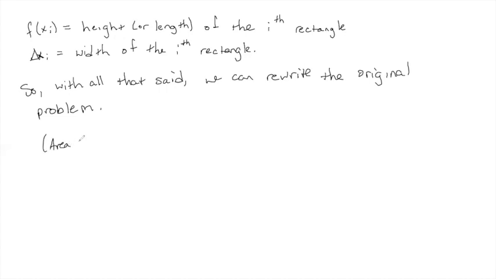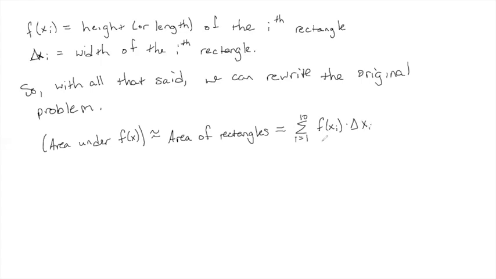So we have the area under f of x is approximately the area of those rectangles, which is equal to the sum from i equals 1 to 10 of f of x sub i times delta x sub i.